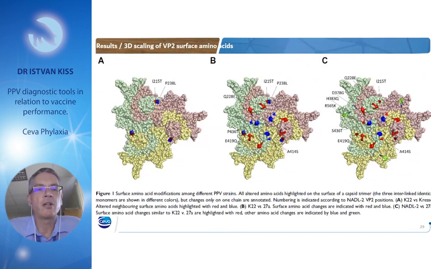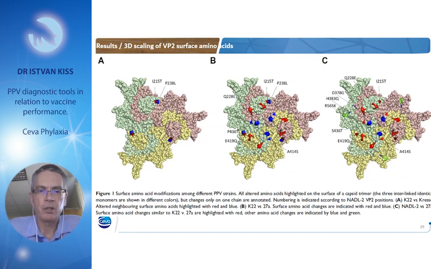Then, if you take a look at these capsomeres, each of them, A, B, C, represents a comparison between two strains, and the first is between K21, so this is the parvovirus strain, and the Cressy-like strain. It is very easy to interpret, because the fewer changes you see, the more homology it means, because these differently colored dots represent differing epitopes.